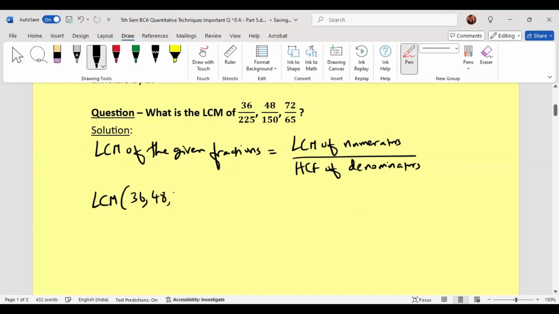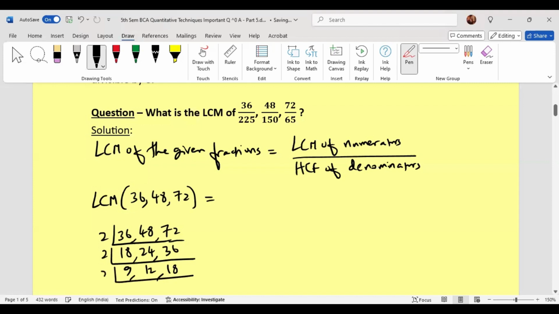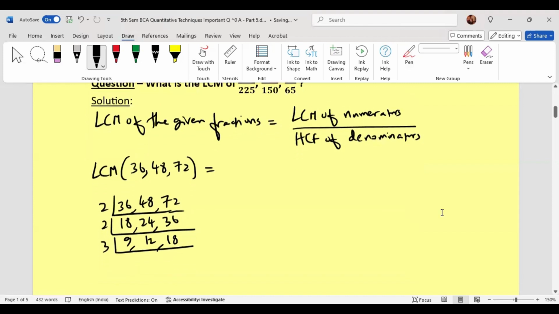36, 48, 72 is what? Let us do the common divisibility method. All are divisible by 2: 18, 24, 36. Again 2: 9, 12, 18. All are divisible by 3. So we can write 3, 4, 6, then 2, 3, 2, 3.